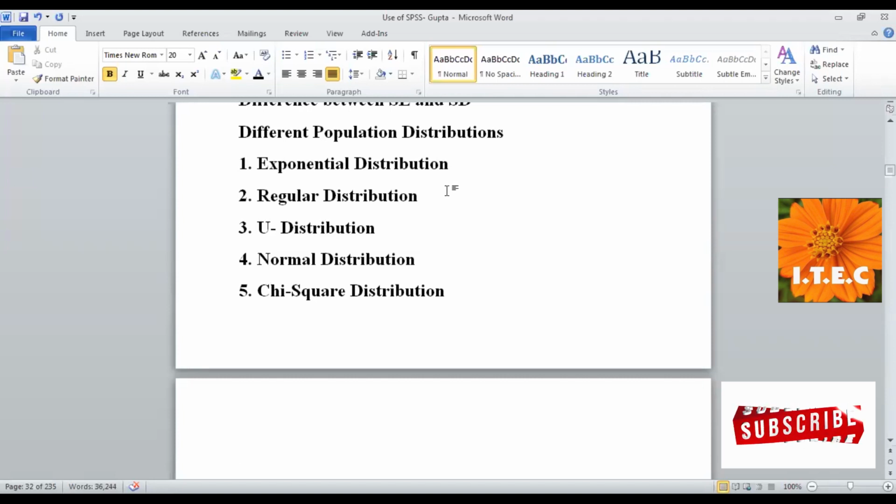Similarly, if you have a regular distribution, and you take samples of 1, 2, 3, 4, 5, and so on, then the sample distribution will be different from the regular distribution. And if you have a U distribution and take different samples, then the sample distribution will be different.